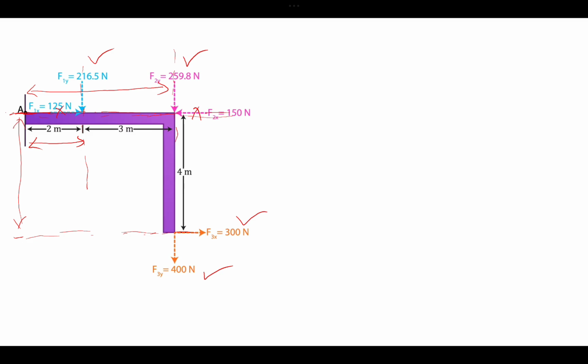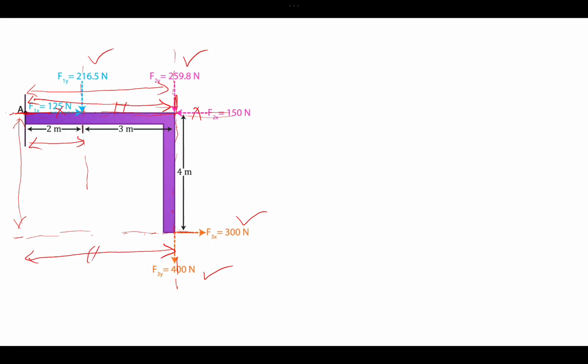And the line of action of F3y also has some perpendicular distance from point A. We can extend F3y backward, and it will have some perpendicular distance, which is actually equal to this one.